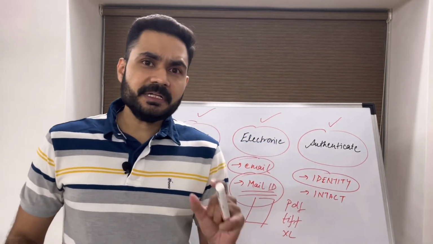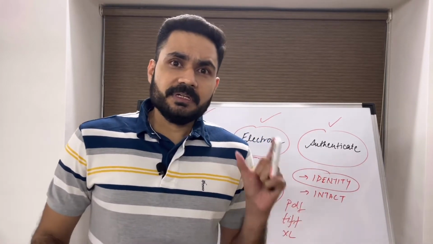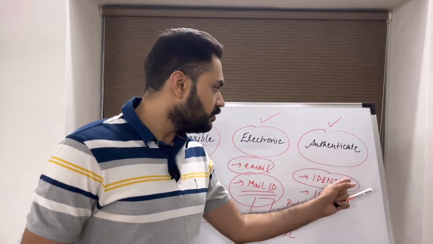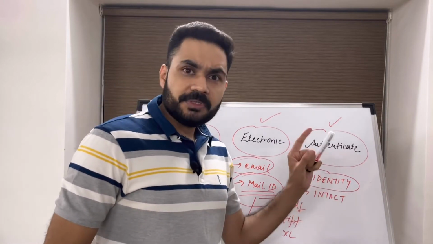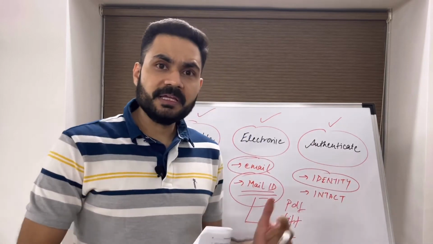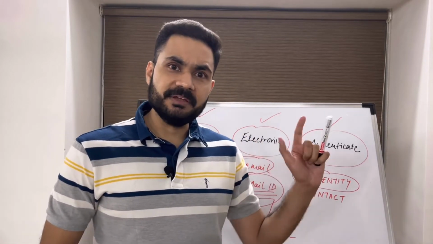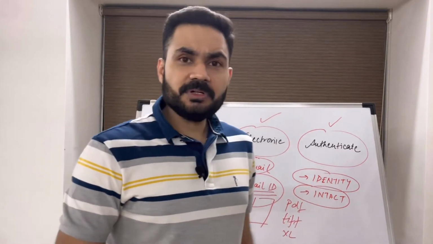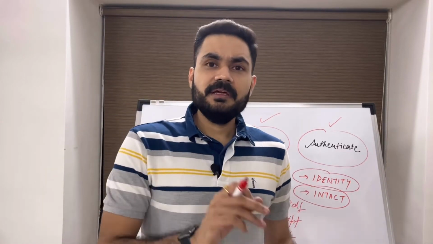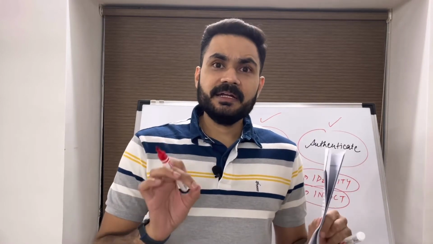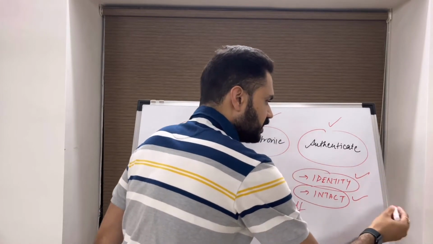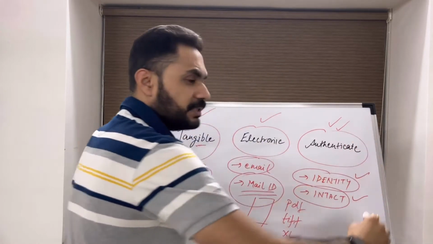So ABC Limited is the extension which the mail of that company carries. So the issuer will know the identity of the party who is making the presentation, which is the beneficiary. Next is intact. Whatever information or attachment is there in that mail is intact and has not been tampered with. The moment these two things are ensured, the record will be termed as authenticated.